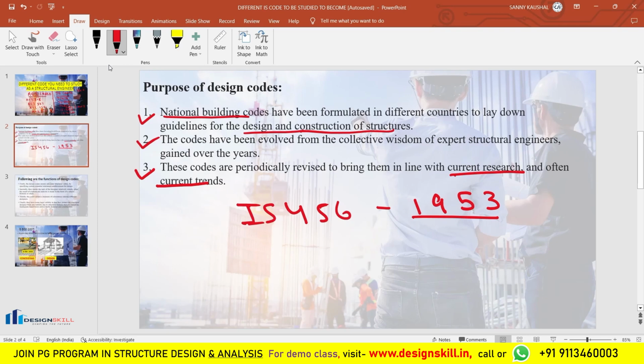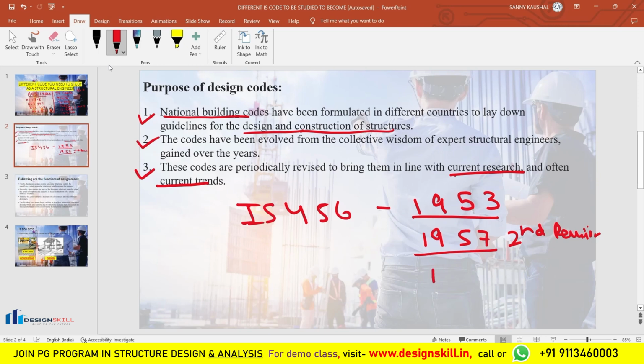Again this code got revised in 1957. This was the second revision, made according to the research of that time.